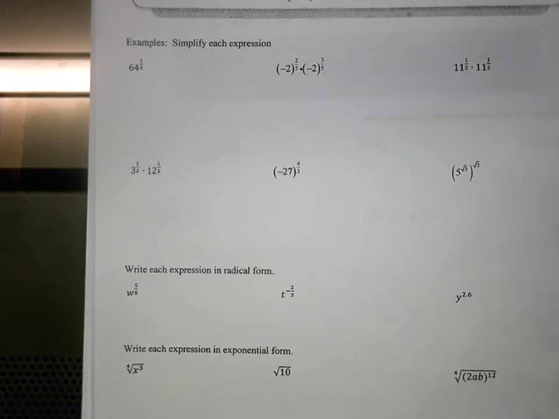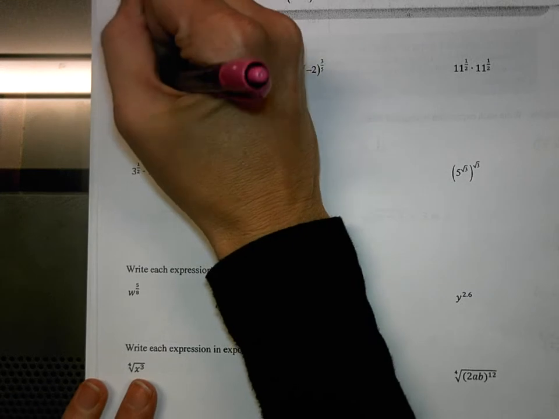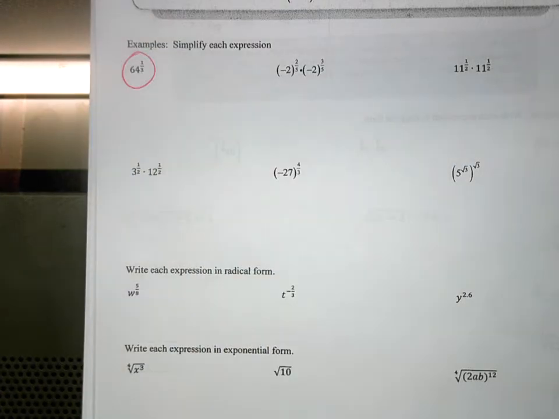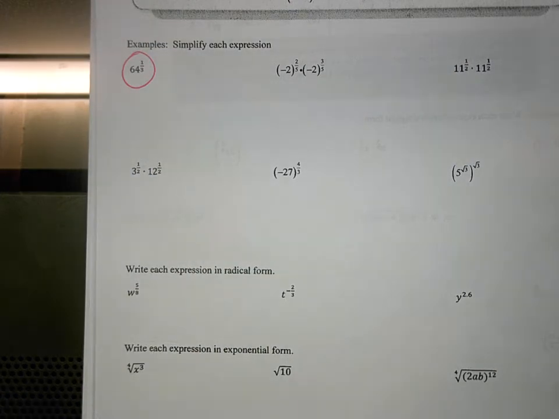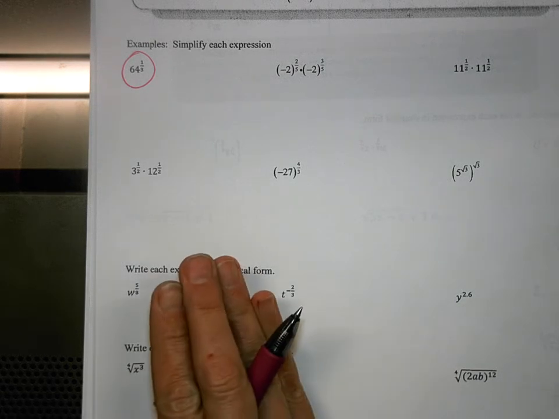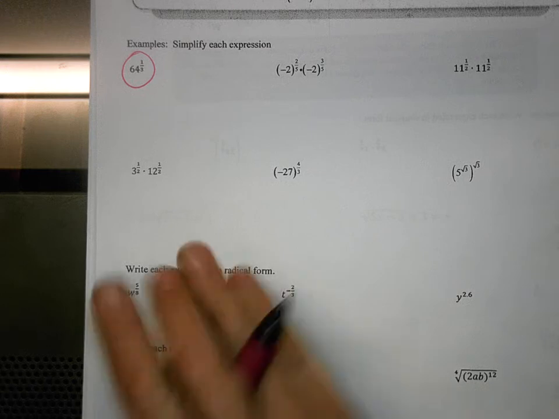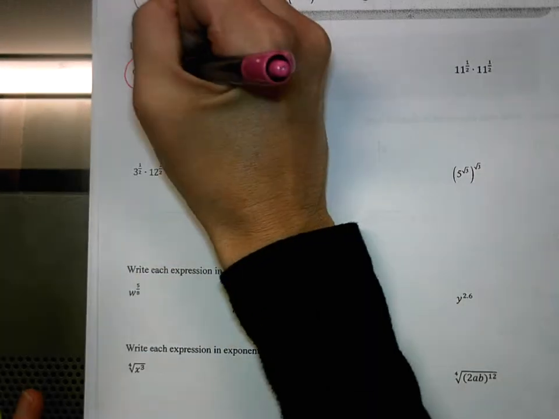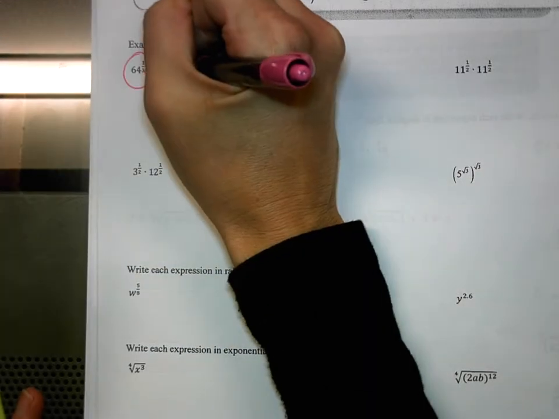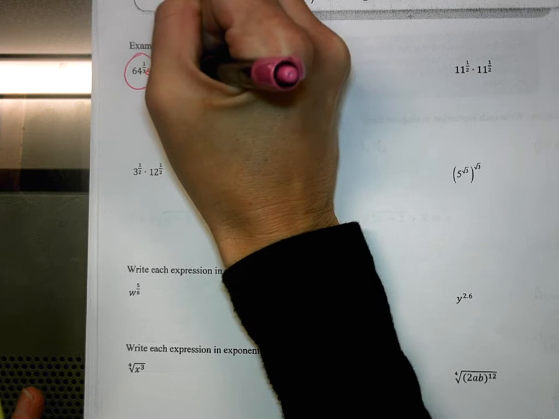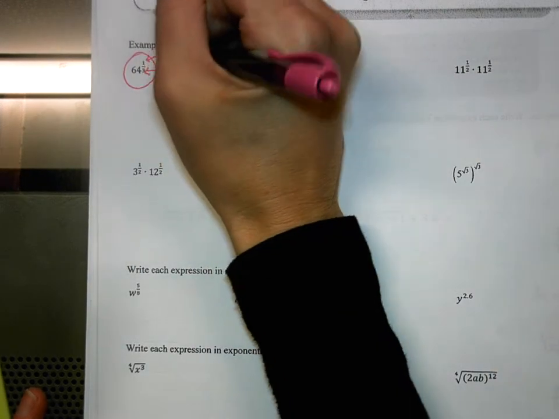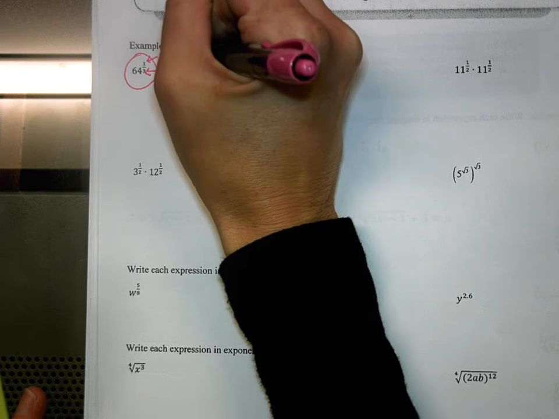Looking at this problem the way it's written right now, I am not sure what the answer is, but I know that I can change this into root form. Remember that this bottom number represents the index number, and this top number would be the power, or the exponent.